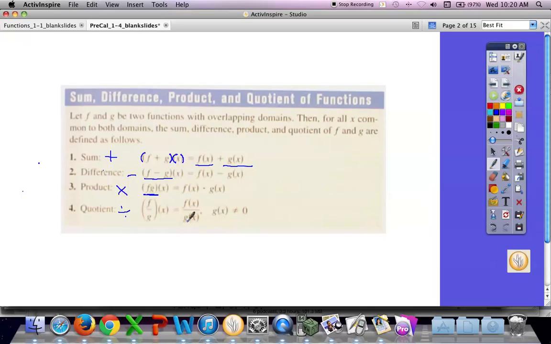The 2 that you have to be more careful with are this one. Make sure to change the sign of all the terms that are in g of x, because you're subtracting g of x.